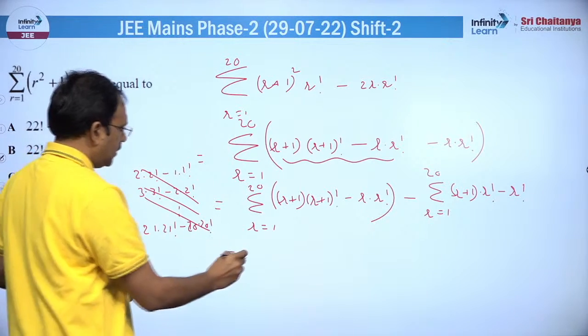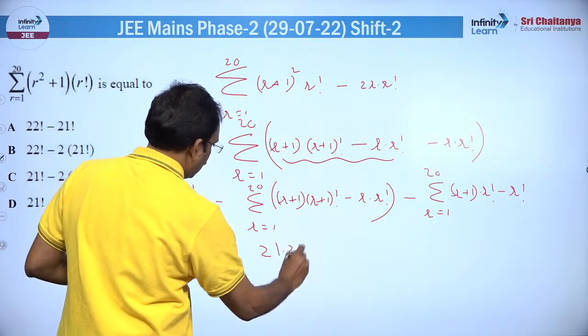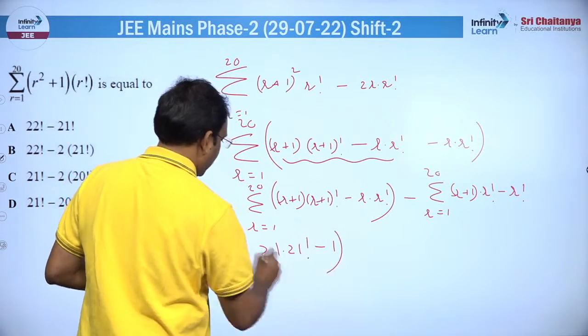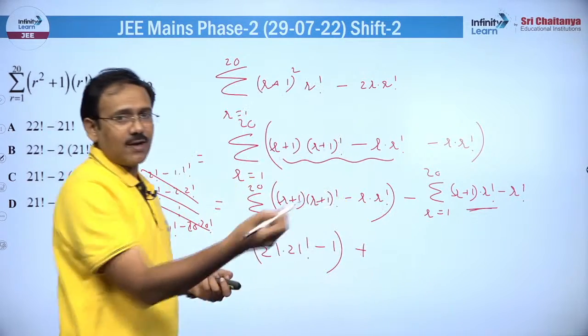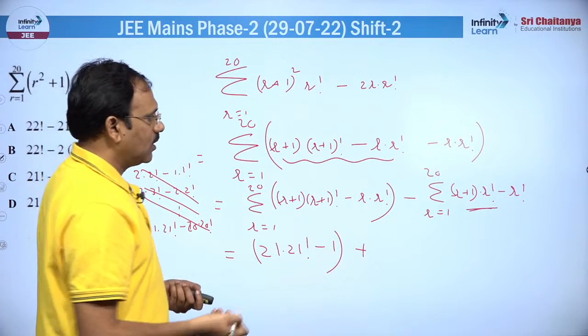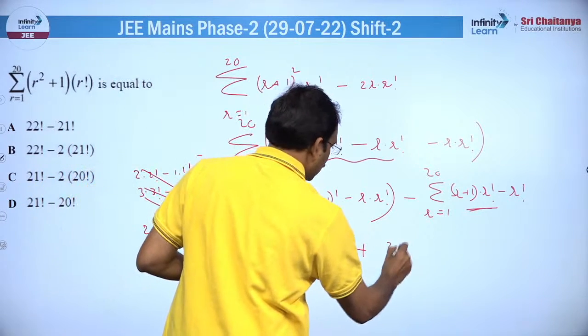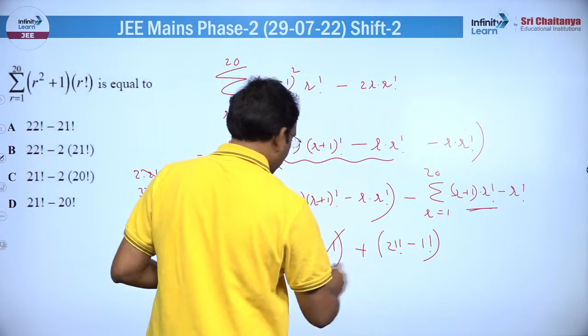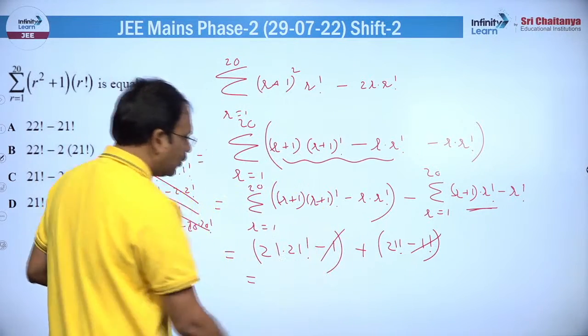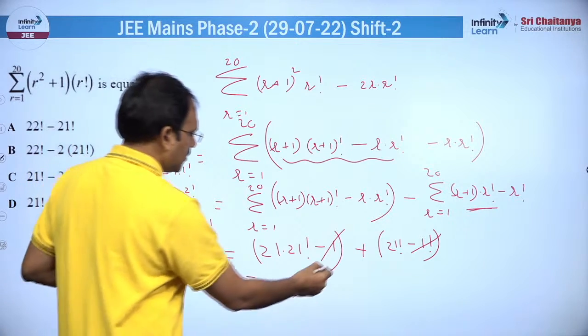These get cancelled, you will get 21 into 21 factorial minus 1. And here this is also (r plus 1) factorial minus r factorial. When you continue, you are going to get 21 factorial minus 1 factorial, these two get cancelled. So this is minus of, right.